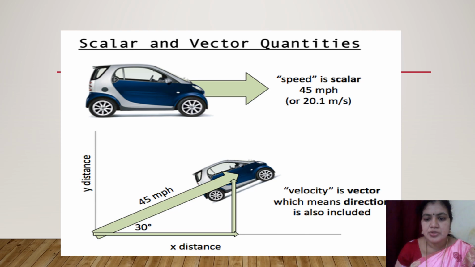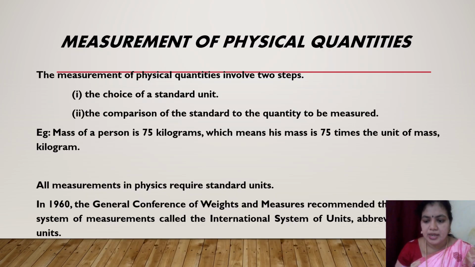If I am referring to speed, it is a scalar quantity. Only the distance by time is given, 45 miles per hour, whereas velocity is a vector quantity which will also refer to the direction. So it is 45 miles per hour, but he is riding uphill at an angle of 30 degrees.